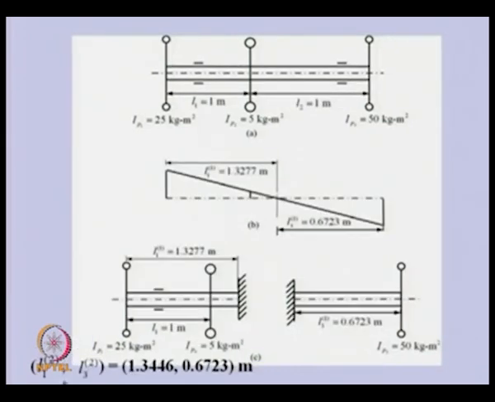Similarly, for the second combination of L1 subscript 2 and L3 subscript 2, we have these values. For this particular case, you can see that this is the node position.